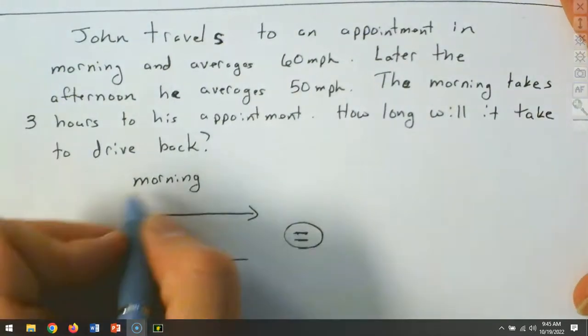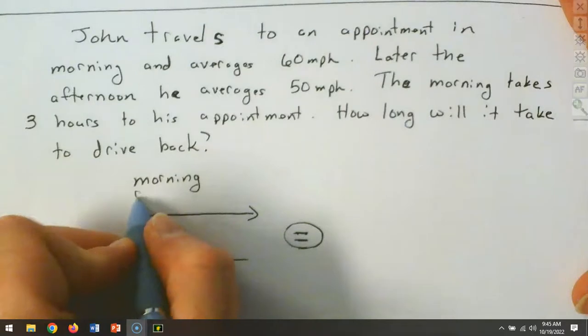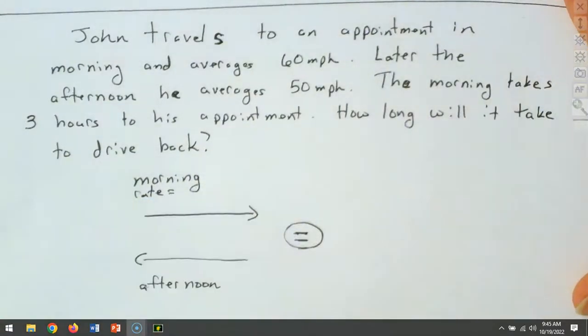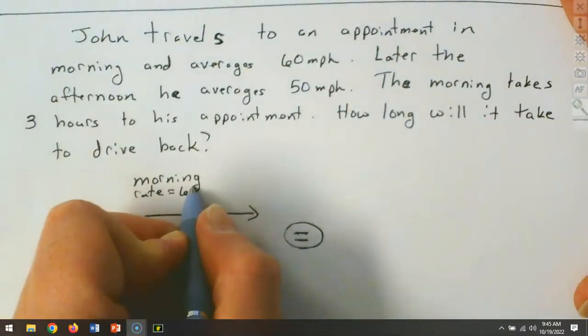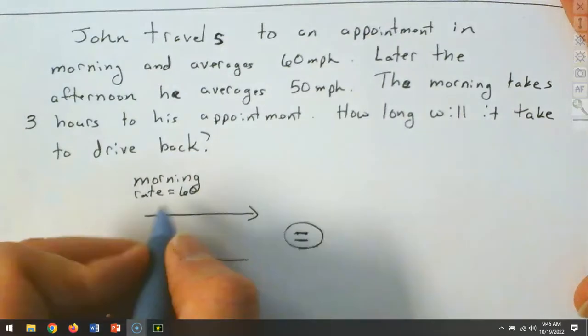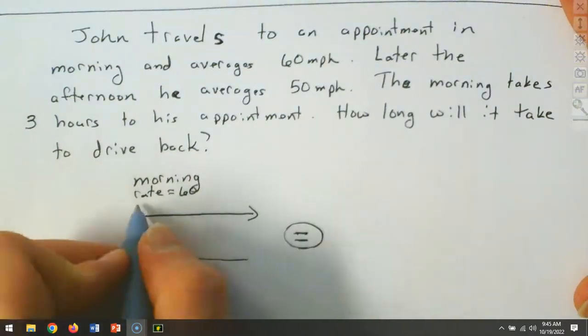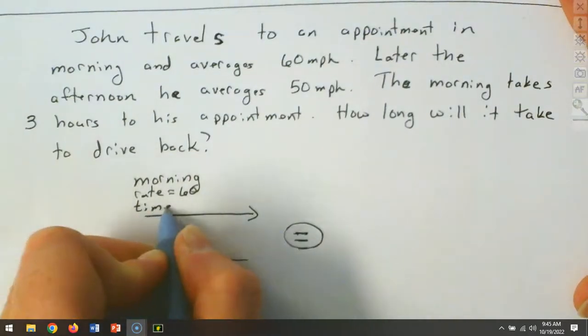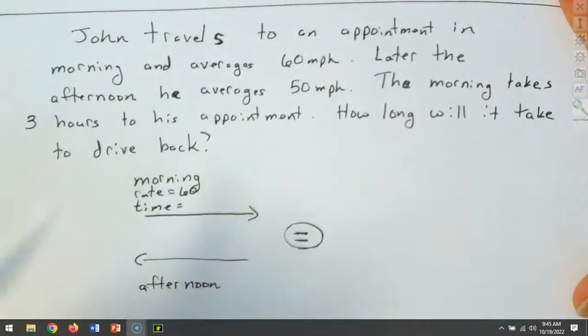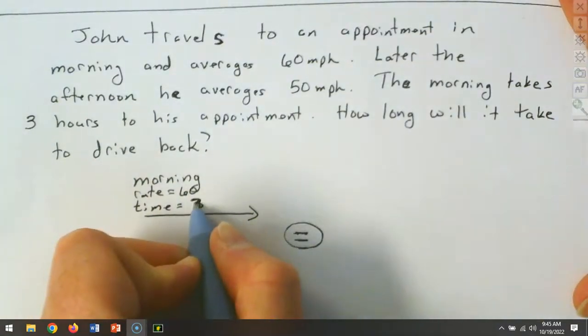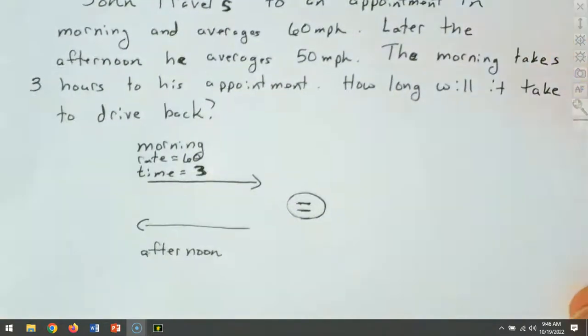And let's see what we got in the morning. So in the morning, how fast are we going? In the morning, we are traveling at a rate of 60. Do we know how long it takes us to get there? We do, because in the morning it takes him 3 hours. Now, we don't know how long it takes him in the afternoon.